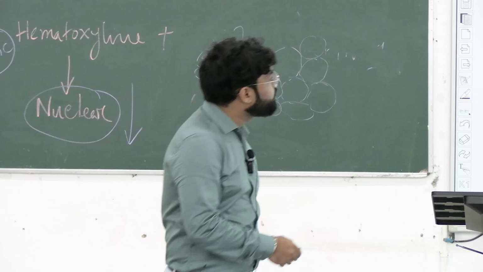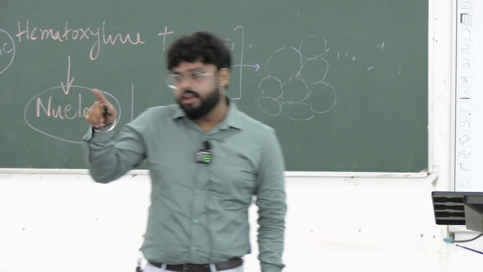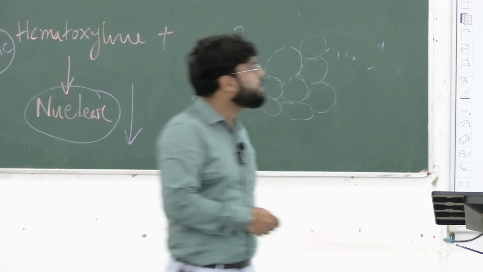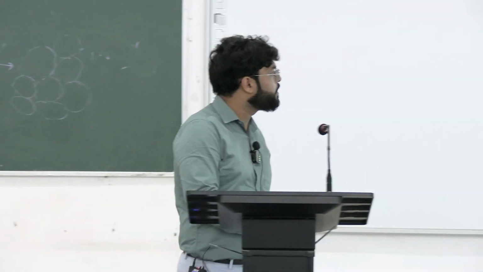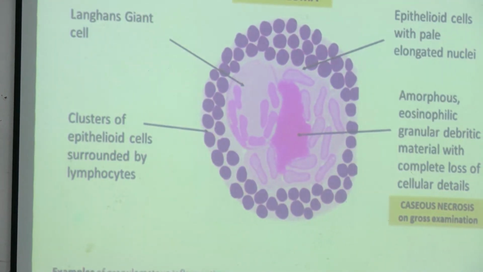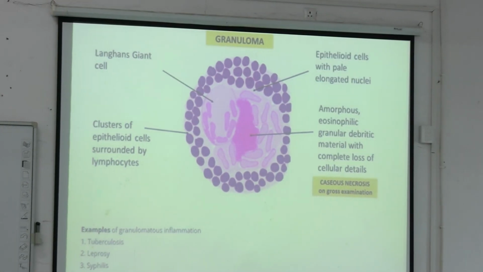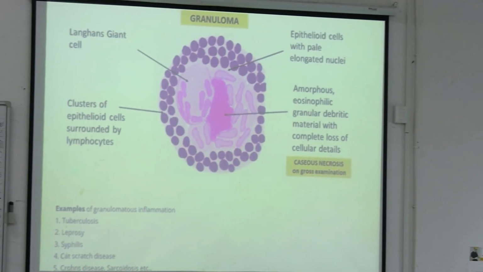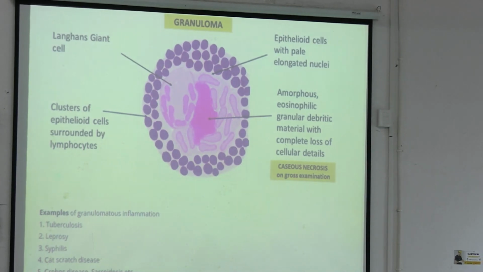They have slipper-shaped nuclei and they are elongated in character. So surrounding this cheese-like material, there will be a collection of epithelioid cells, and these epithelioid cells, in some cases, fuse with each other and form a giant cell.